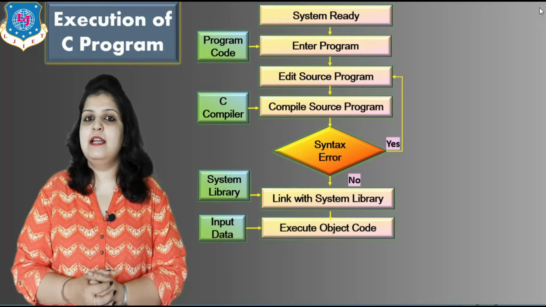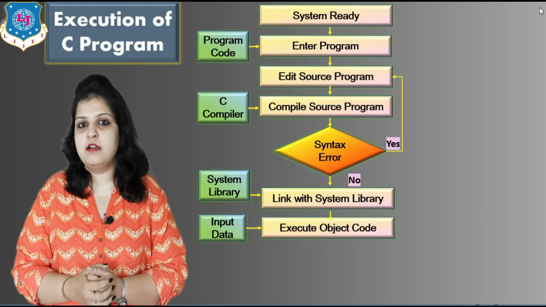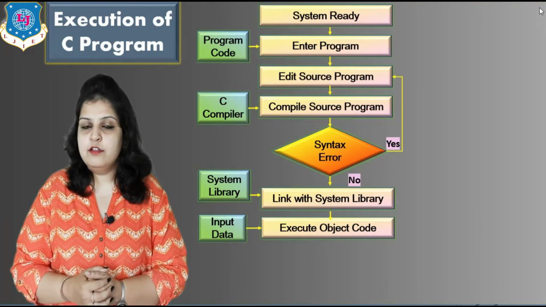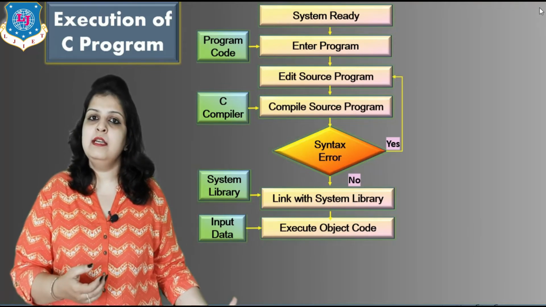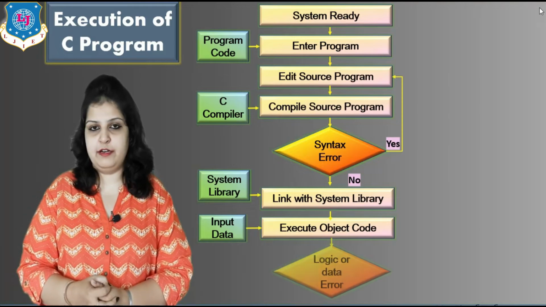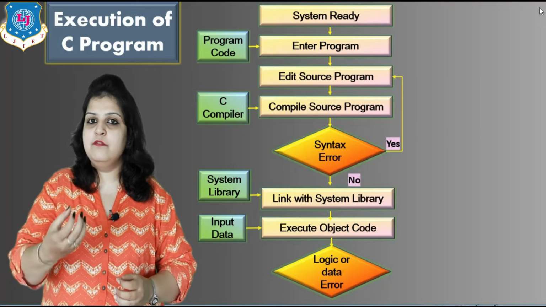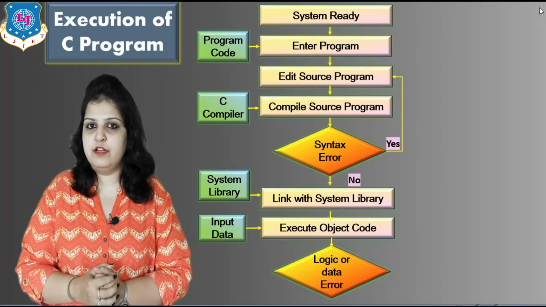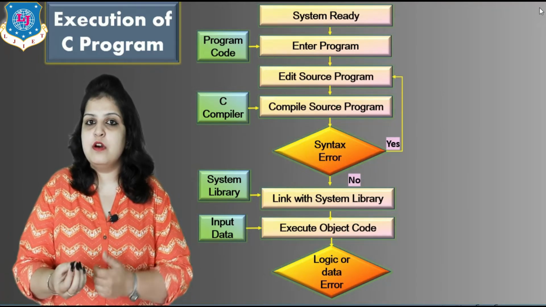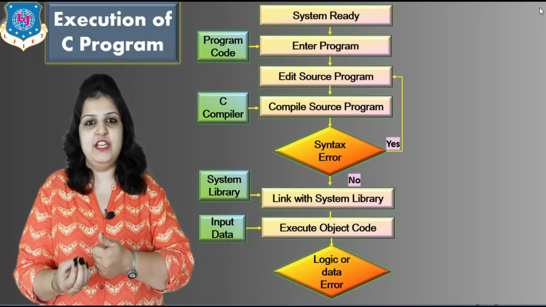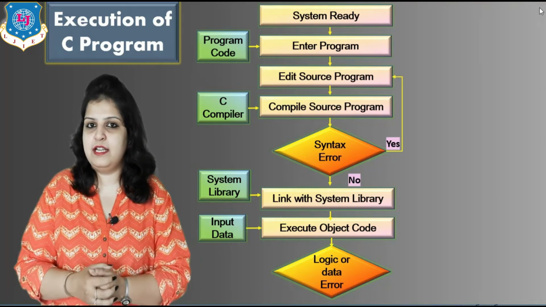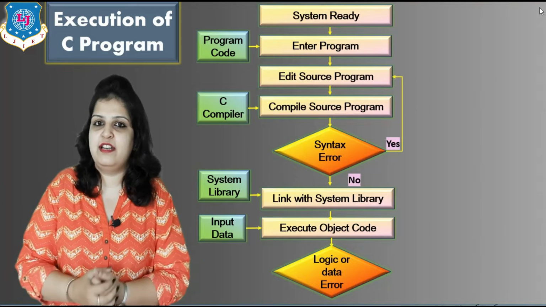At that step the remaining two errors can occur. Which two errors? Either a logical error or a data error. Now what is a logical error? Suppose I have given one program, addition of two numbers, and you do subtraction instead of addition, then it is called a logical error because the logic is not correct here.